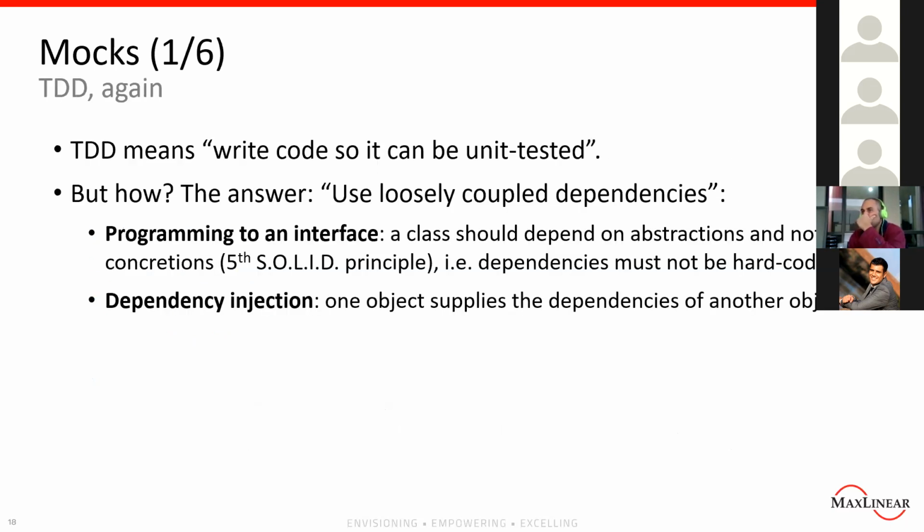As I said, we are going to revisit the concept of TDD. TDD means, as we said, write code so it can be unit tested. If we have dependencies, they are necessary. We cannot avoid them, but what we have to do is not have tightly coupled dependencies in our code.